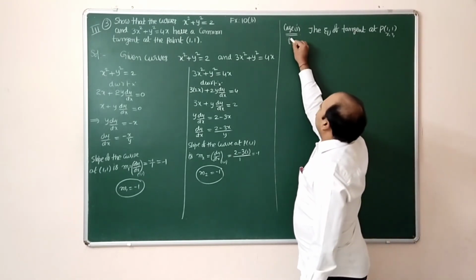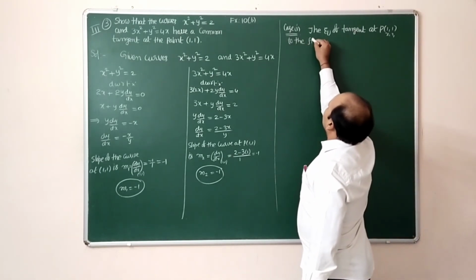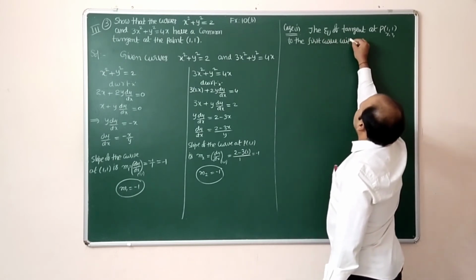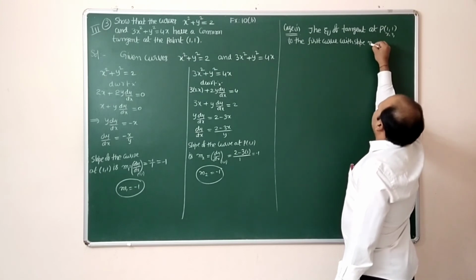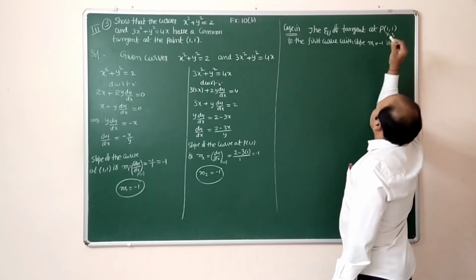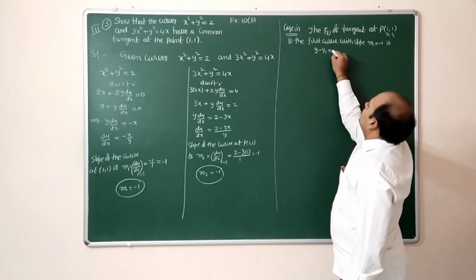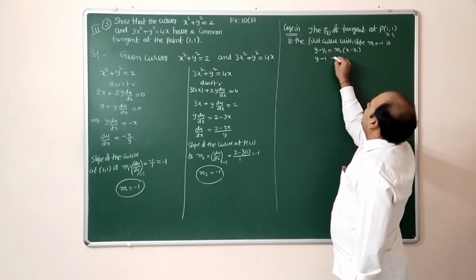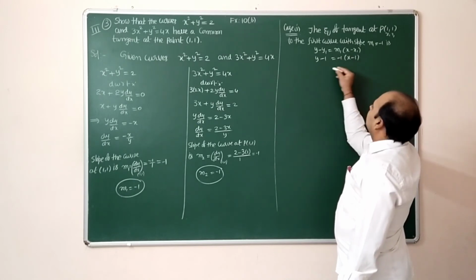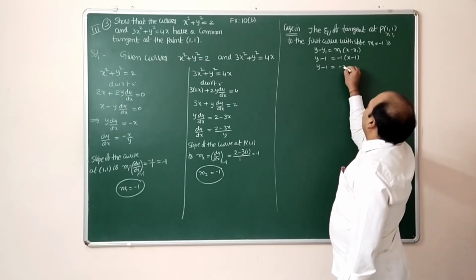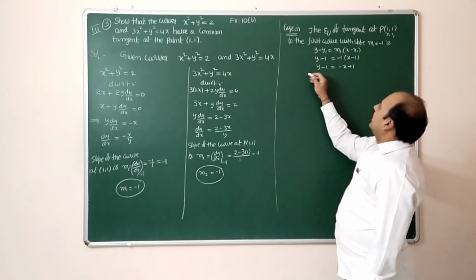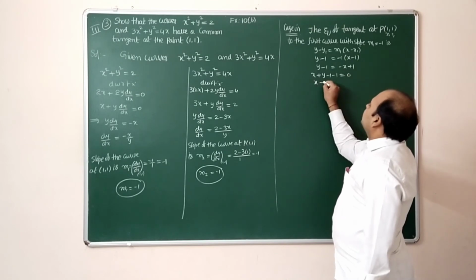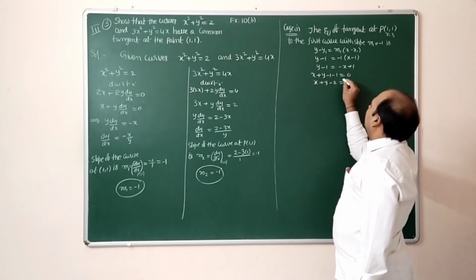To the first curve with slope m1 equal to minus 1 is y minus y1 equal to m1 into x minus x1. So y minus 1 equal to minus 1 into x minus 1. So y minus 1 equal to minus x plus 1. These values we can take this side. x plus y minus 1 equal to 0. x plus y minus 2 equal to 0.